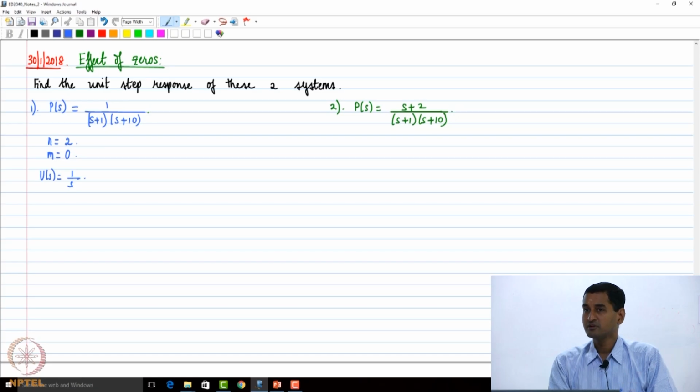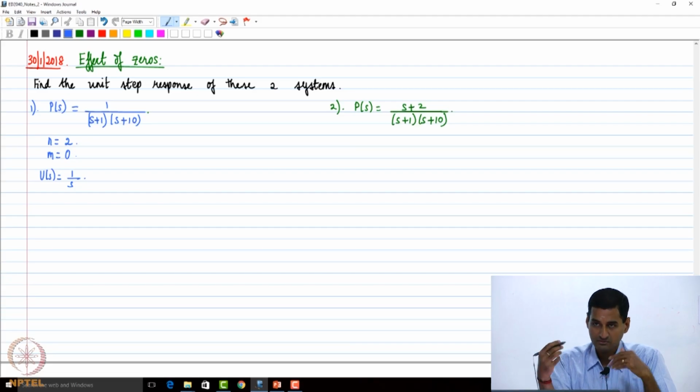The denominator polynomial is a second order polynomial here. Of course we are not considering pole zero cancellations, we'll come to that shortly. We are assuming that a pole and a zero are not at the same location. With that assumption, the denominator polynomial is of order 2, so n is going to be 2.